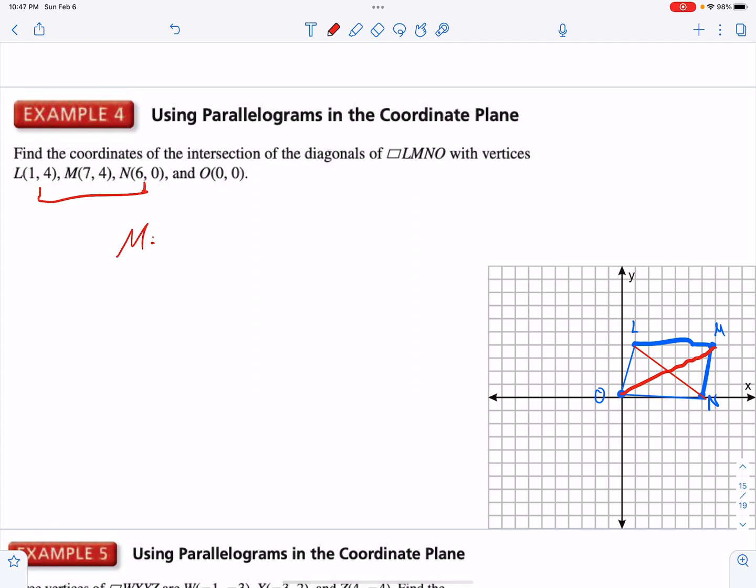So I'm going to do the midpoint formula for L and N. So I have 1 plus 6 over 2, and then 4 plus 0 over 2, which is 7 over 2, comma 4 over 2. And as you can see here, we get 3.5, comma 2 is the diagonals' bisector, so it's the midpoint. You could have just as easily done the midpoint there and got the same answer.